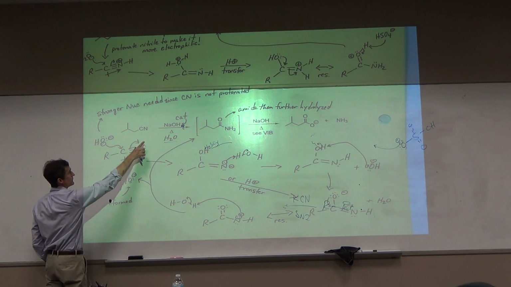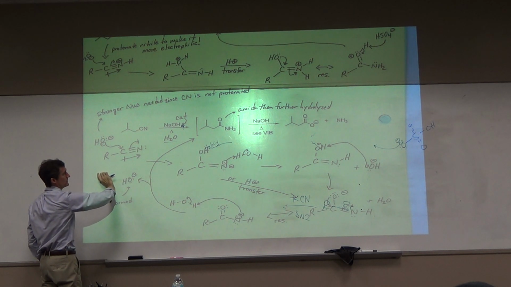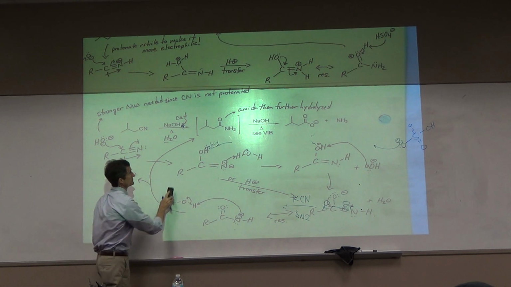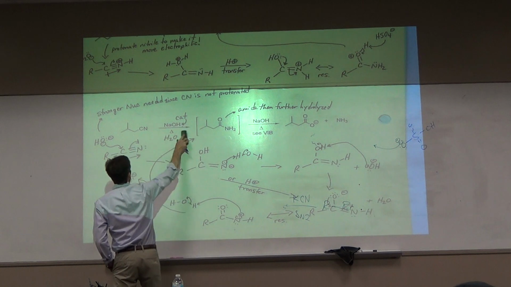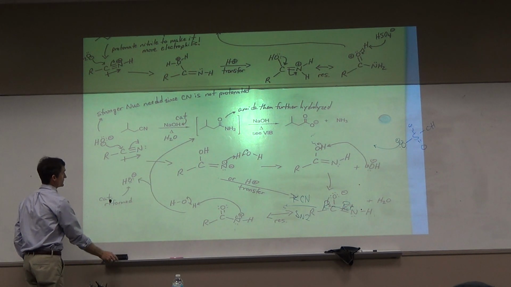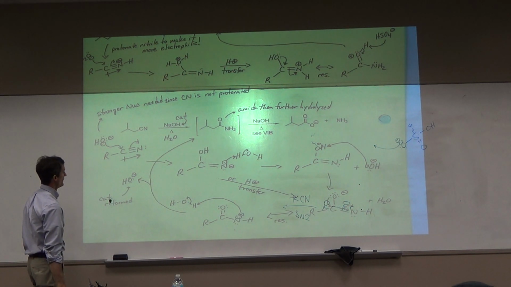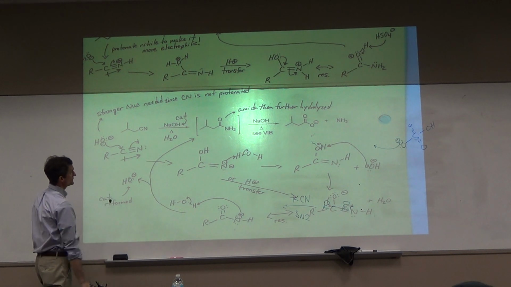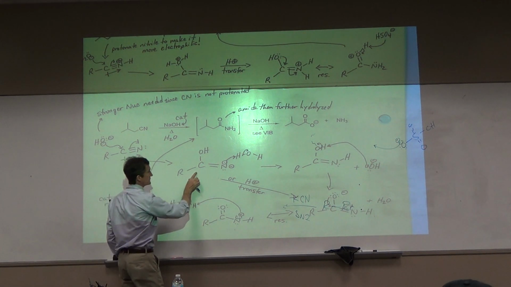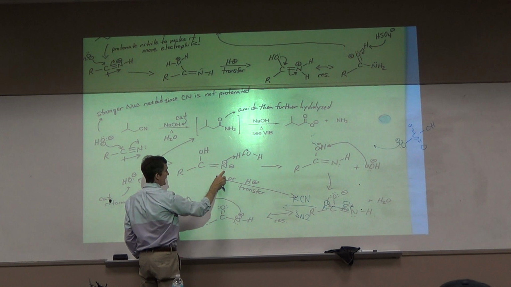Again, there's no proton. We're not under acidic conditions. Only going to protonate something under acidic conditions. Nucleophilic addition to the cyano group would give this. We generate an anion here.